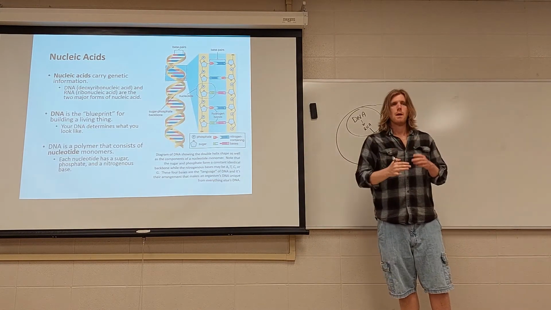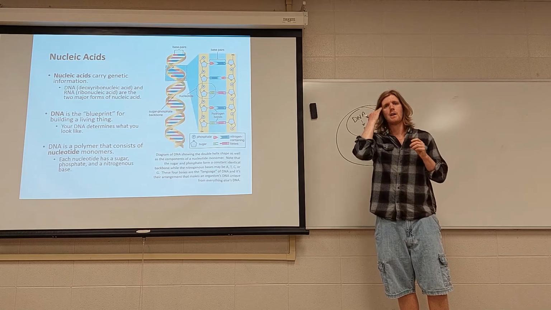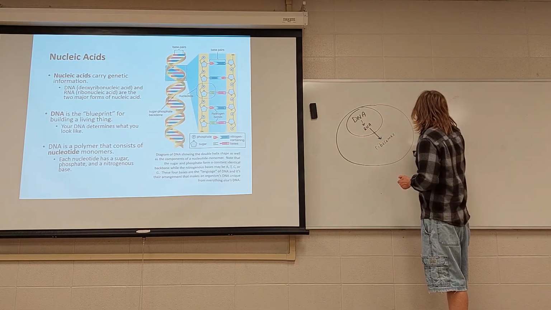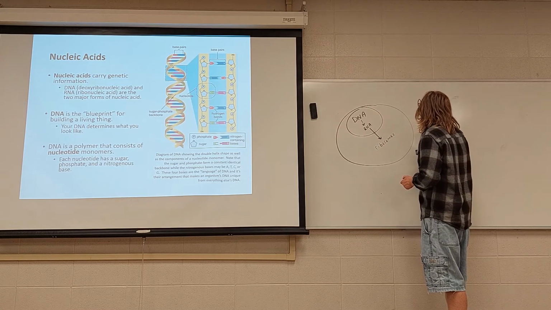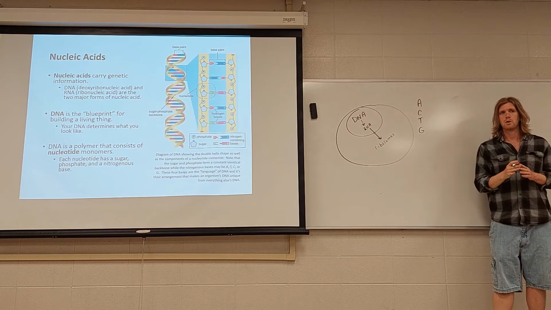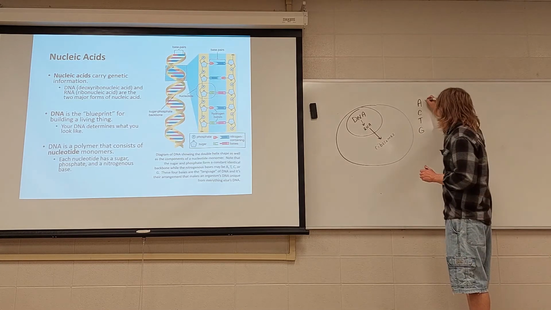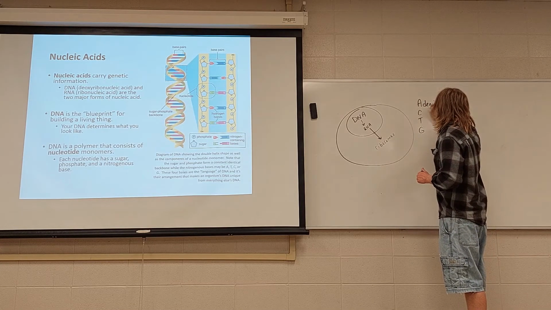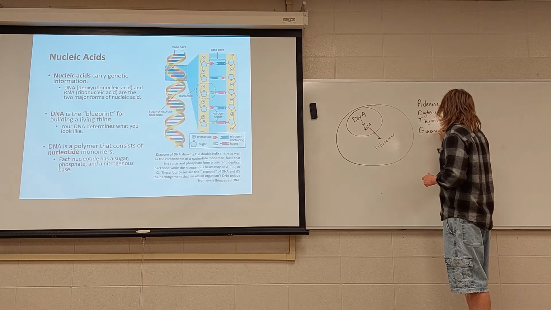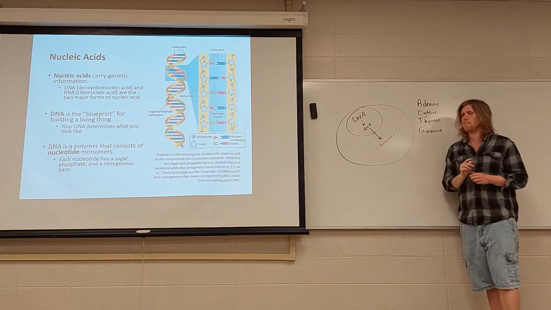So I've been talking about DNA as if it's a language, as if it's letters. The 4 letters of DNA correspond to 4 molecules that actually occur within the DNA. Those molecules are adenine, cytosine, thymine, and guanine.